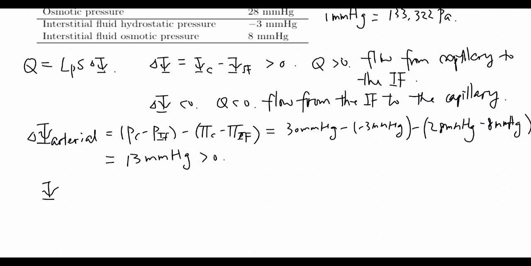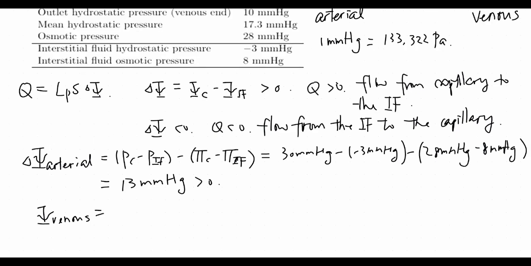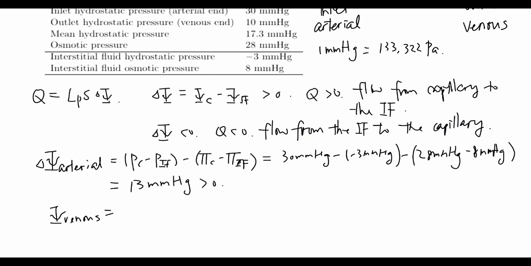Now let's look at the venous end. The same thing. Let's look at the table. So we have 10 millimeter mercury subtracted by minus 3 millimeter mercury.